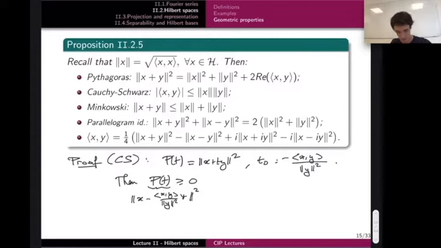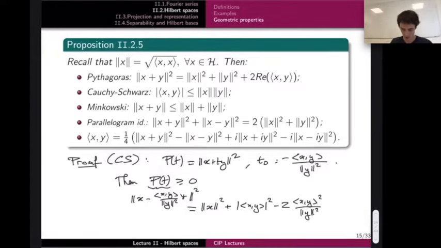If I develop this, it is equal to the norm of x squared plus <x,y> squared over the norm of y squared minus 2 times <x,y> squared over the norm of y squared.